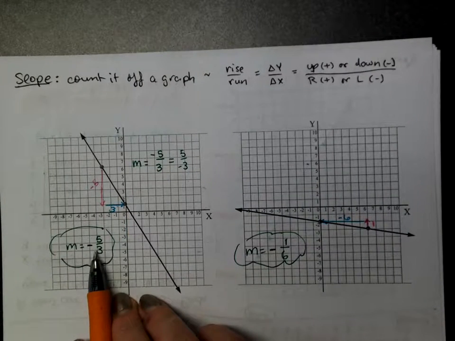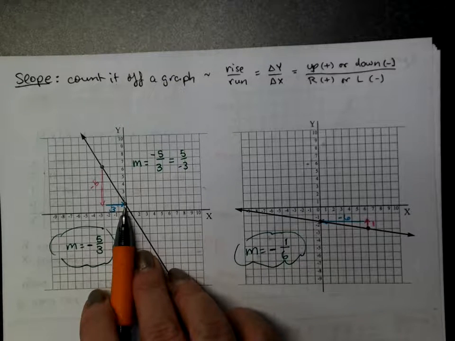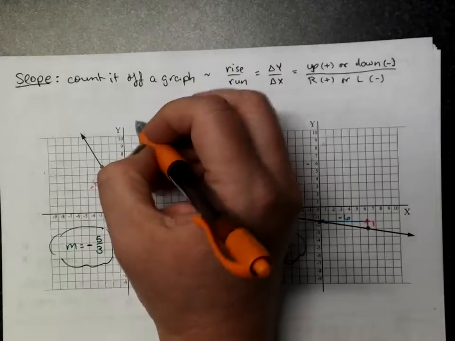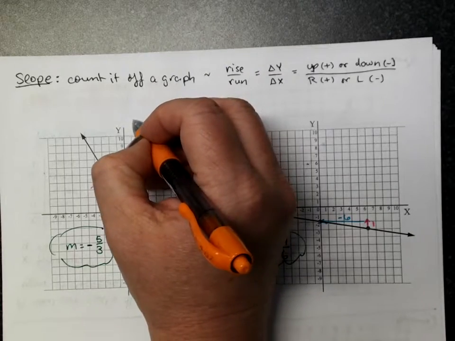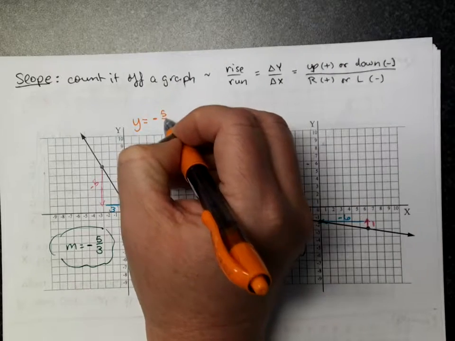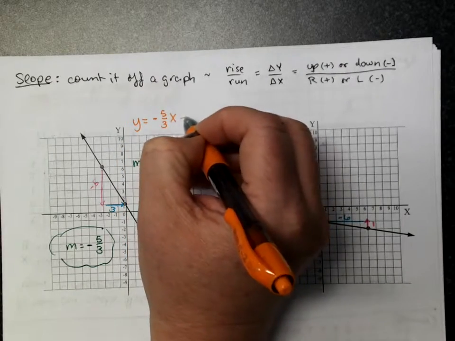And b is your y-intercept. Where does it cross the y-axis? Yeah. And that's a marked point. If it's not a marked point, it might be going between numbers and you can't use that. But if that's a point you're given here, the equation of this line is y equals negative 5/3 x plus 1.